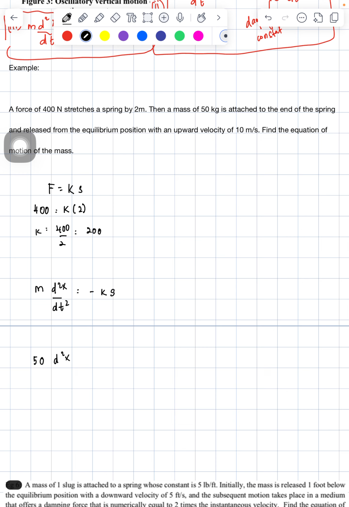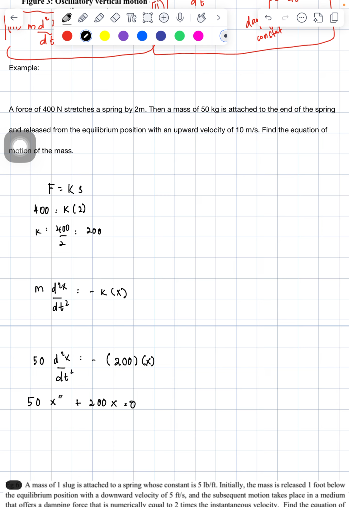M d square x over dt square equals minus k, our k is 200, and here it is x. Okay, so we have 50 x double prime plus 200 x equals 0.